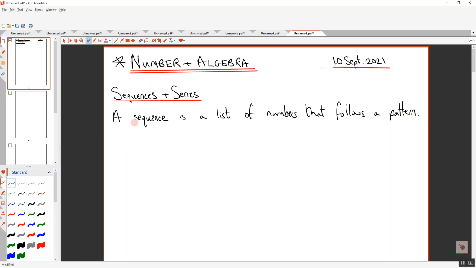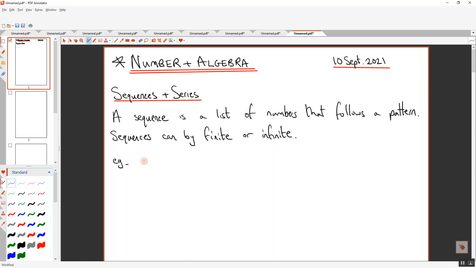And sequences can be finite, or infinite.